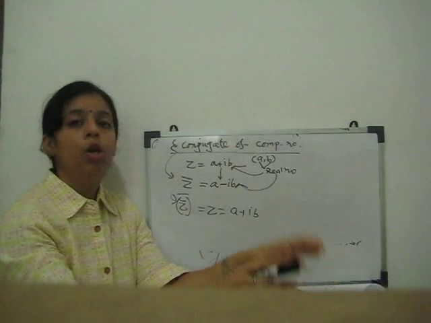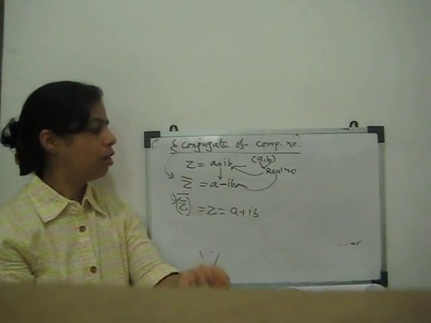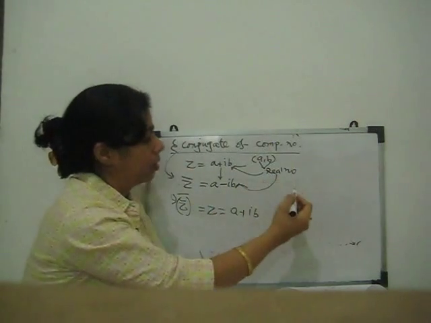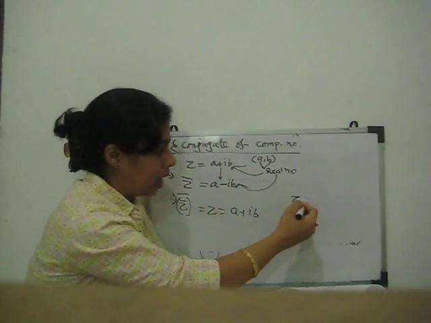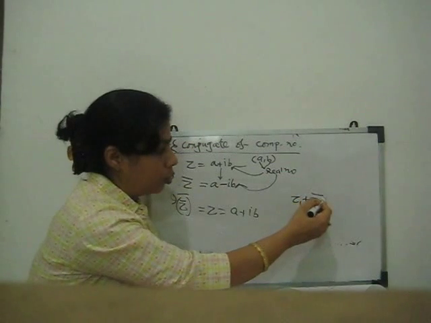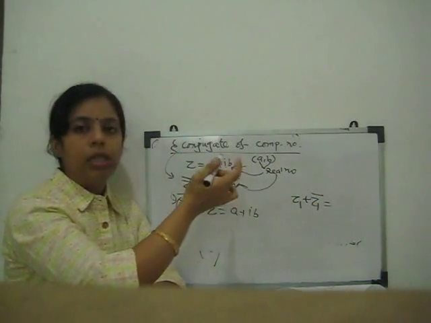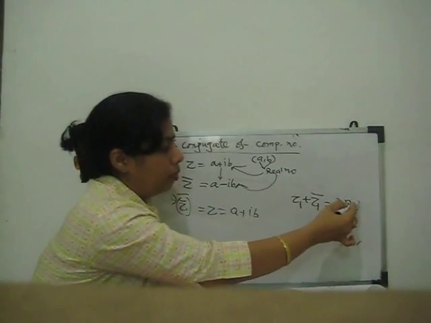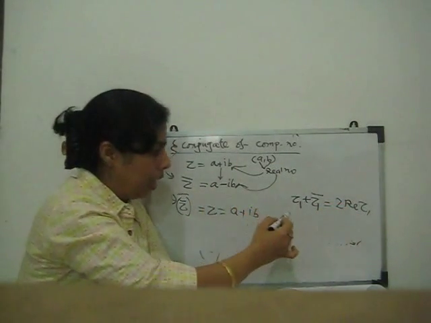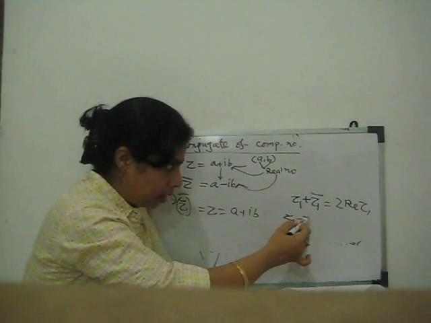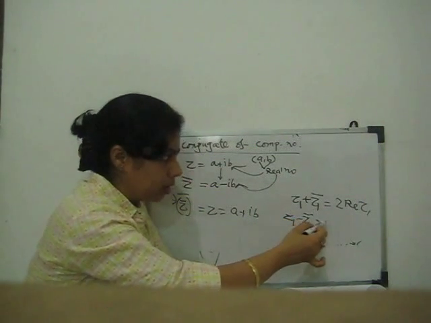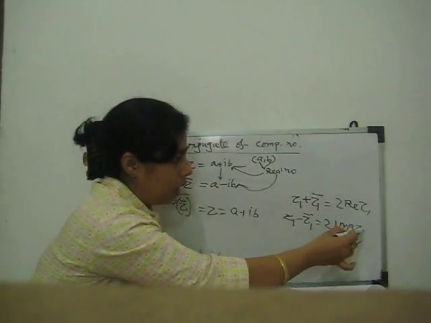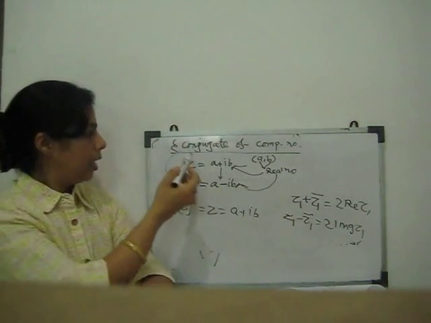For this conjugate complex you can solve many problems and prove many properties. Like the first one: if we add z1 and its conjugate complex, the result is 2 times the real part of z1. If we take z1 minus z1 bar, we get 2 times the imaginary part of z1. Clear?